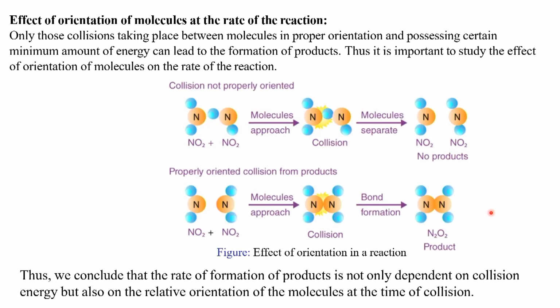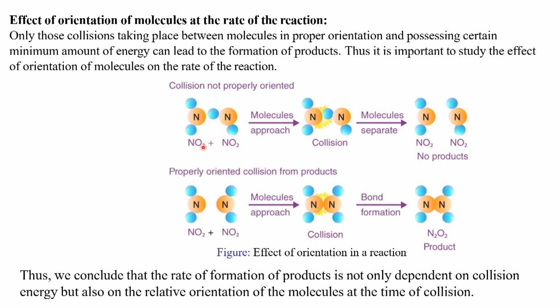Now we discuss the effect of orientation of molecules on the rate of the reaction. Only those collisions taking place between molecules in proper orientation and possessing a certain minimum amount of energy can lead to the formation of products. Thus, it is important to study the effect of orientation of molecules on the rate of reaction. So, collision not properly oriented.